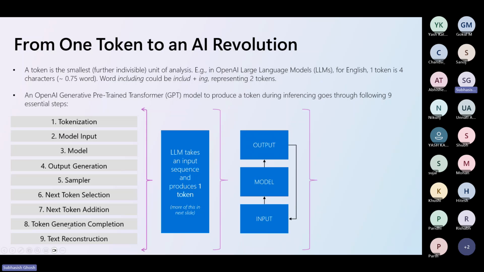This iteration continues. So the output goes back to the input. We can sum up the entire process as: input, the large language model processes the input, and the output, where the next token is added to the end of the input, until the requested maximum number of tokens is reached. This process is called a one token output revolution.